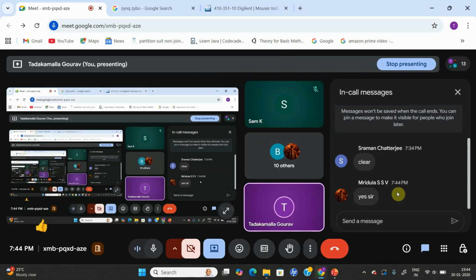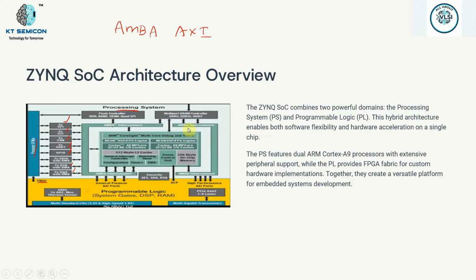Great. Okay. And the very important point over here, which I'm stressing, is that the processor only has a direct connection with these controllers or the IPs which I have shown you. From the external interface which I'm going to send, only the processor is going to have control over these IPs.